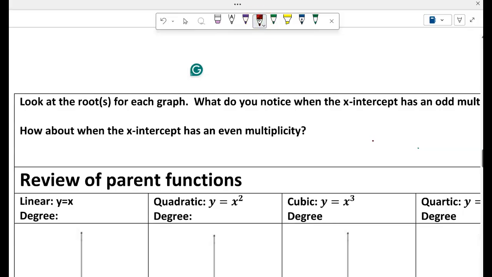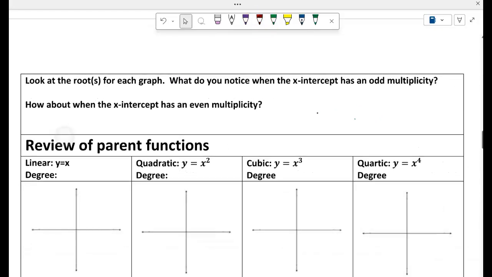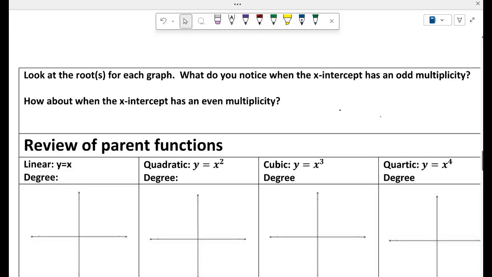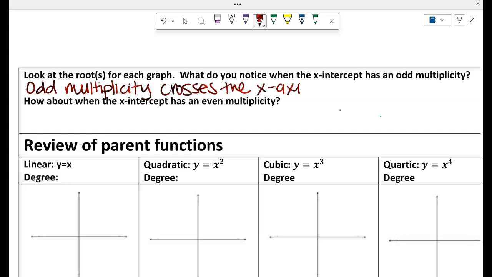So we are going to fill this out. It says, what do you notice about the x-intercept that has an odd multiplicity? Odd multiplicity: crosses the x-axis.